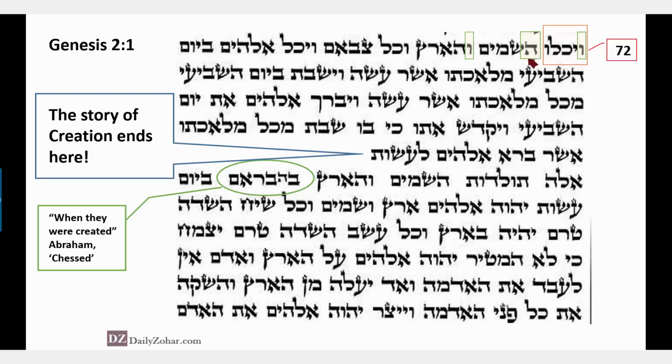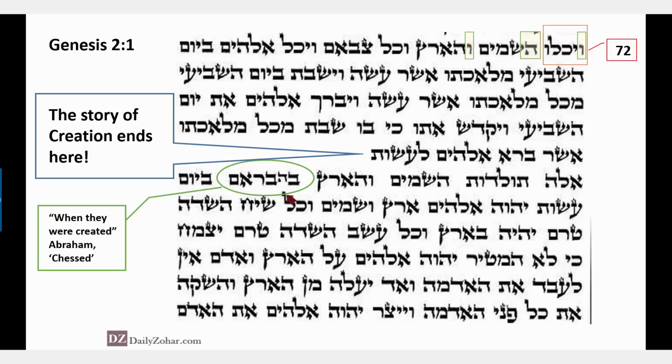And the first letters of the first three words are Vav Hei Vav, which is the first sequence of the 72 names. It's also very important. The first word itself, Vayechulu, is numerically 72. So we see here how the creation and the final manifestation are related to the 72 names.